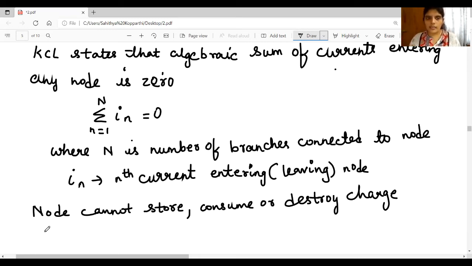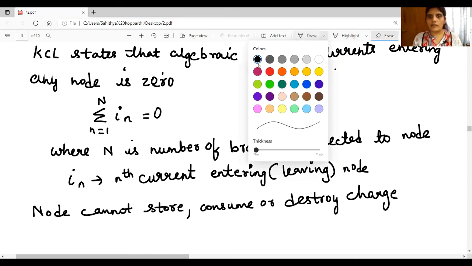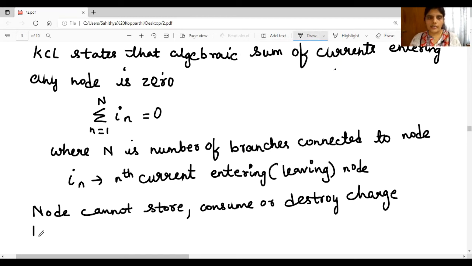KCL is based on the law of conservation of charge.